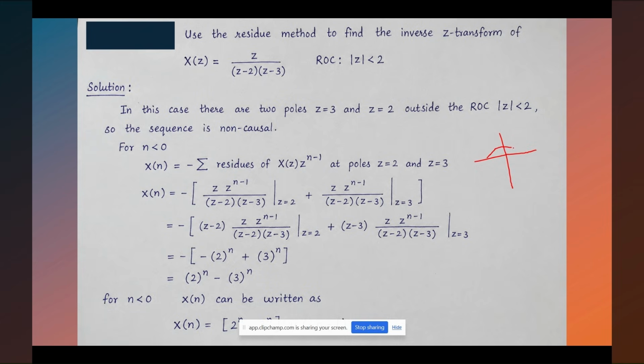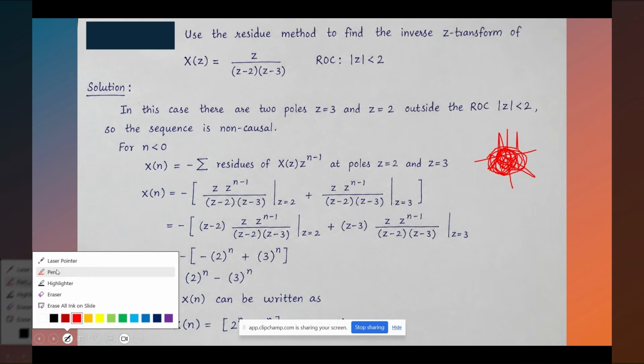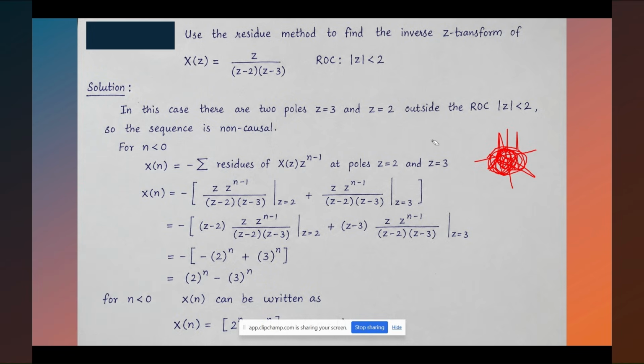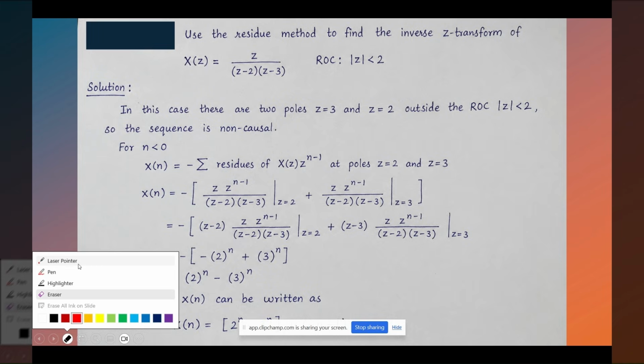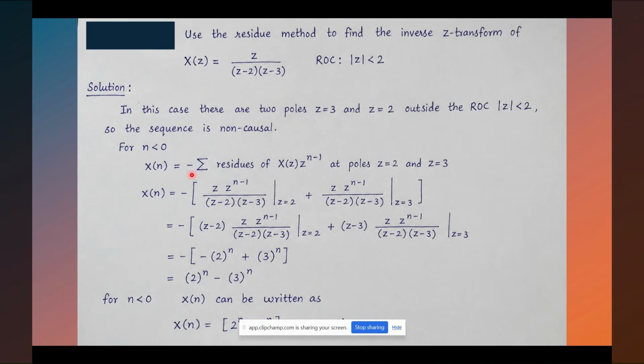If you draw the circle, the ROC is inside the circle, inside the pole 2 and inside the pole 3. So both are left hand side sequences, so we have to put a minus sign for both the cases.